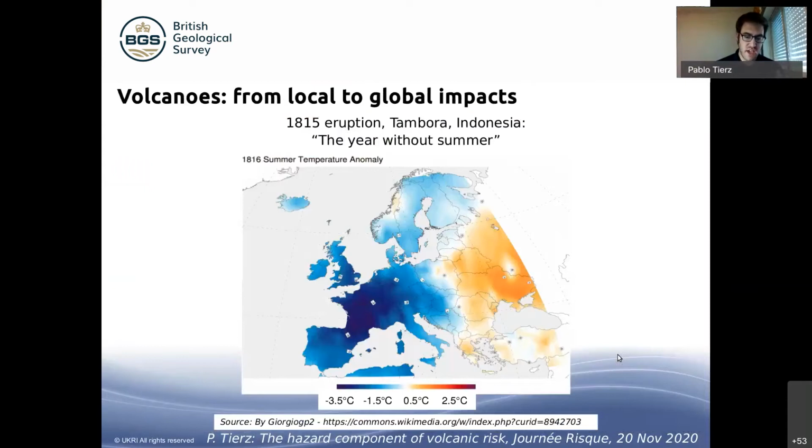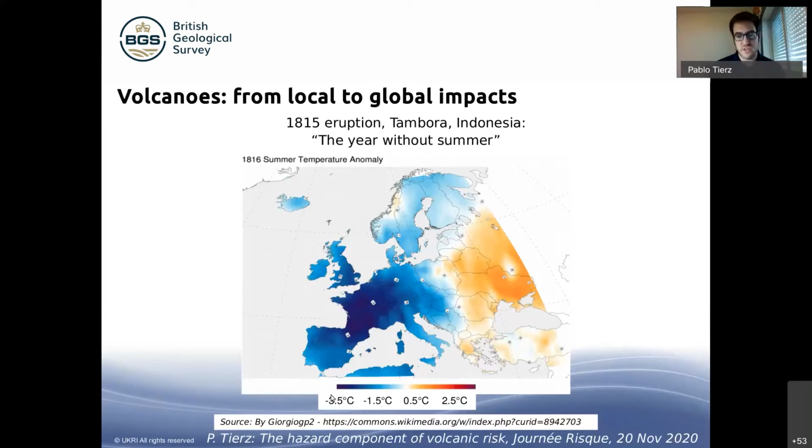And the thing is that the impacts related to volcanic activity are not only local or regional, they can also be global. So this is the example of the 1815 eruption at Mount Tambora in Indonesia. The year after that eruption was known as the year without summer.